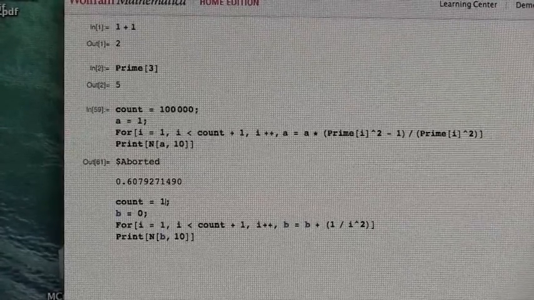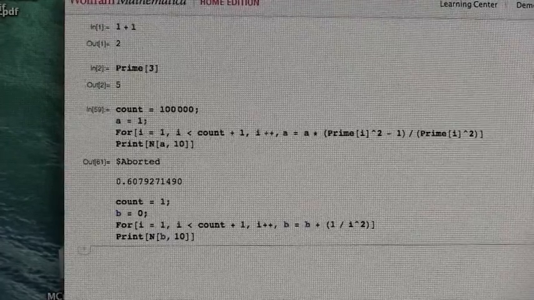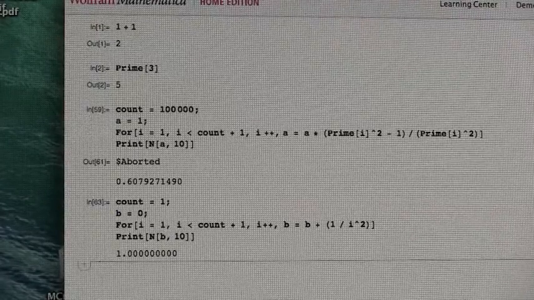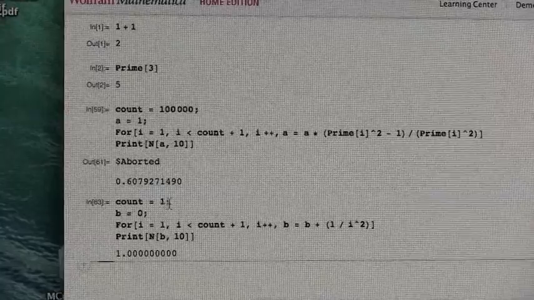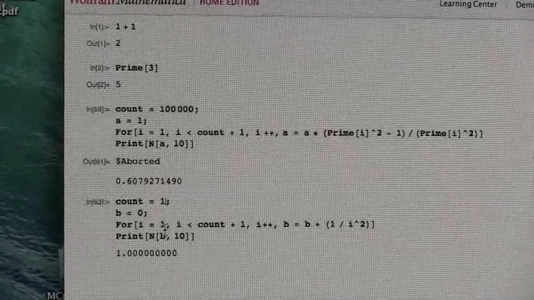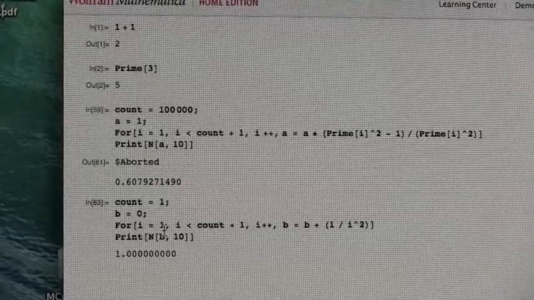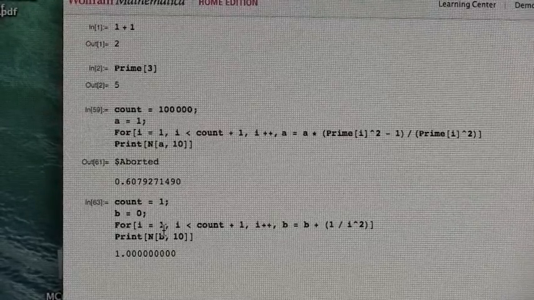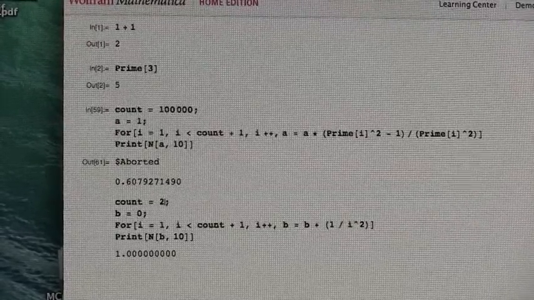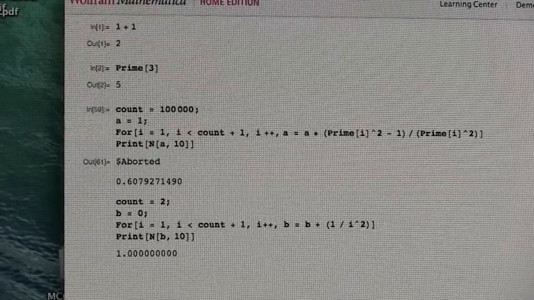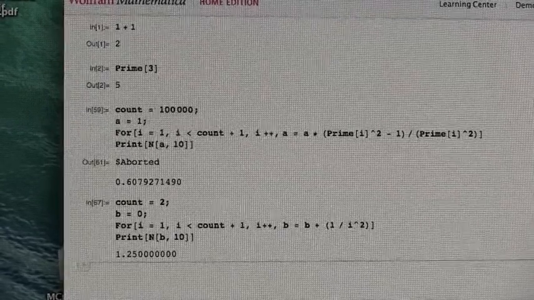So hopefully here I should get 1 when I evaluate this. 1. Okay, now for part 2 I should get 1 plus 1 over 2 squared, which is 1 plus a fourth, which is 1 and a fourth. Okay, 1.25.